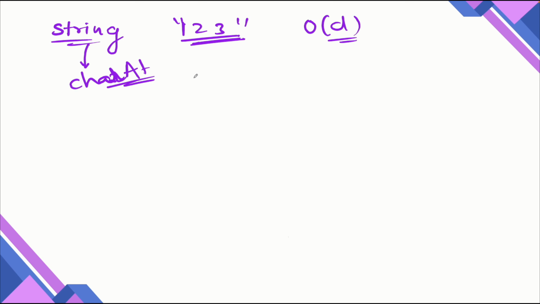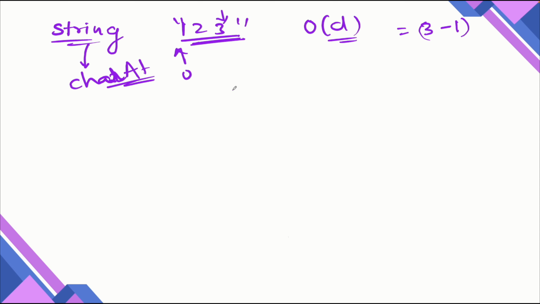Now what will you get with this? You will get, let's say, the length of this as 3. So you will start to check the first character and the last character at the same time. How will you get the last character index? The length minus 1 will be your last character index, and the first will start from 0.